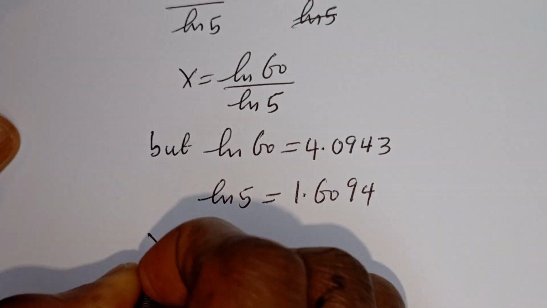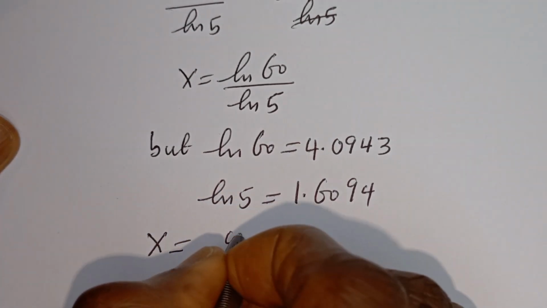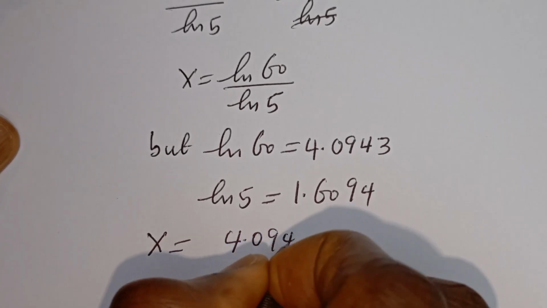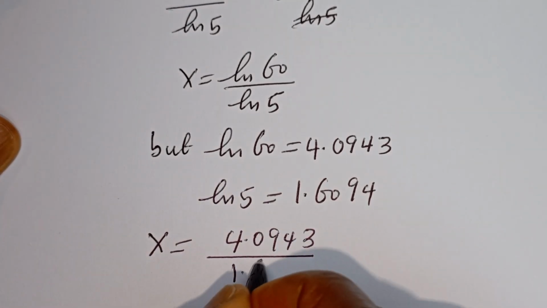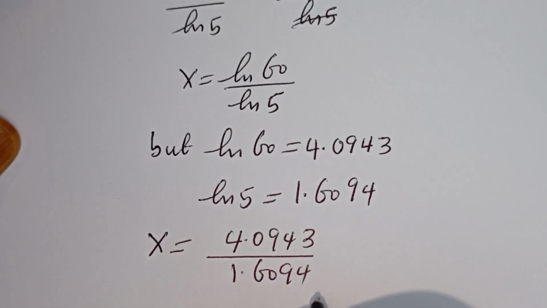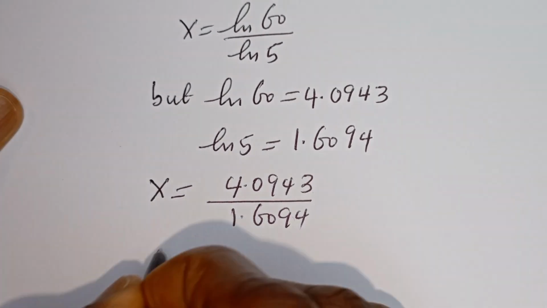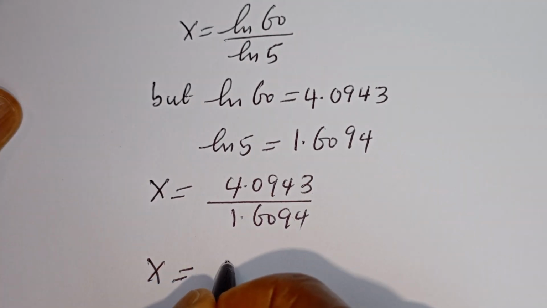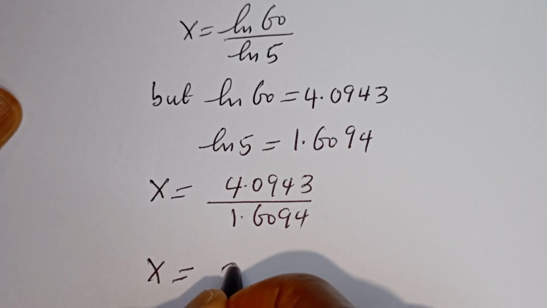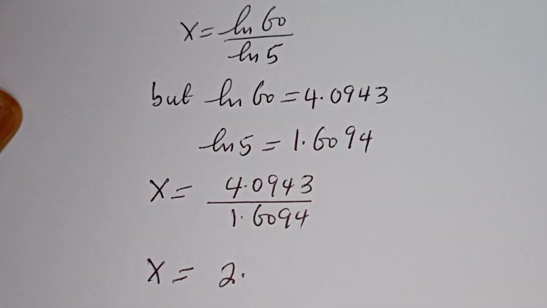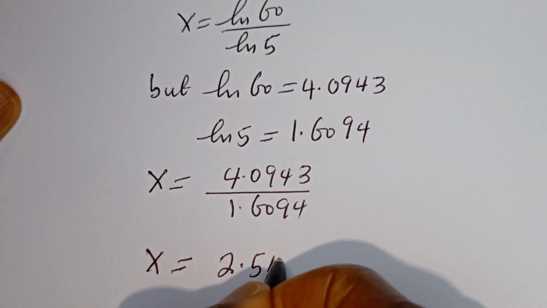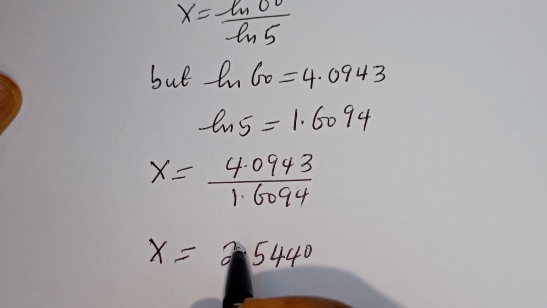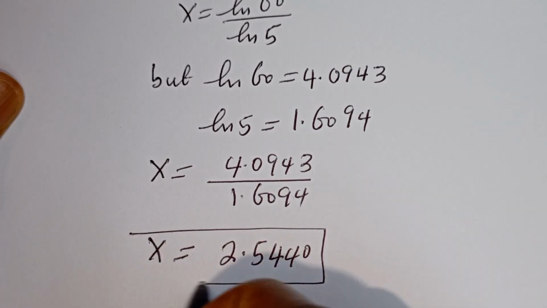Then x is equal to 4.0943 over 1.6094. x is equal to 2.5440. This is the value of x.